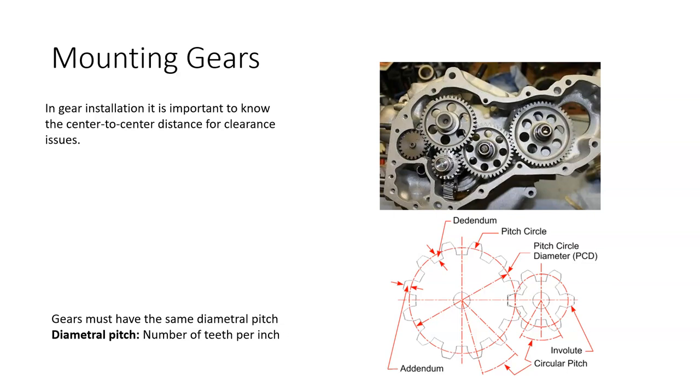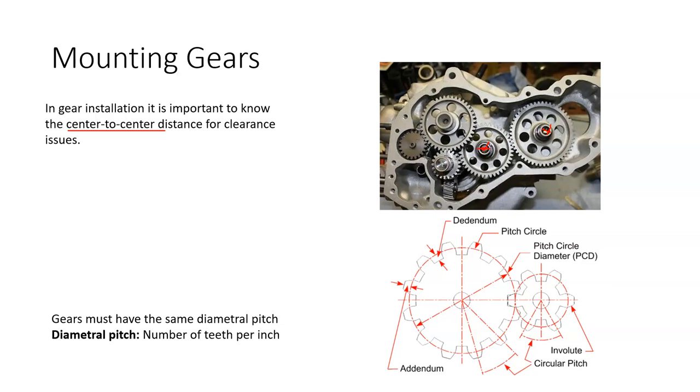In order to do this, you need to know the center-to-center distance, which is just what it sounds like: the distance from the center of one gear to the other. You need the right ratio of diameters and teeth to get the output that you want. You're going to inevitably end up with a certain center-to-center distance based on that ratio, and that impacts whether you can mount the gears together or not.